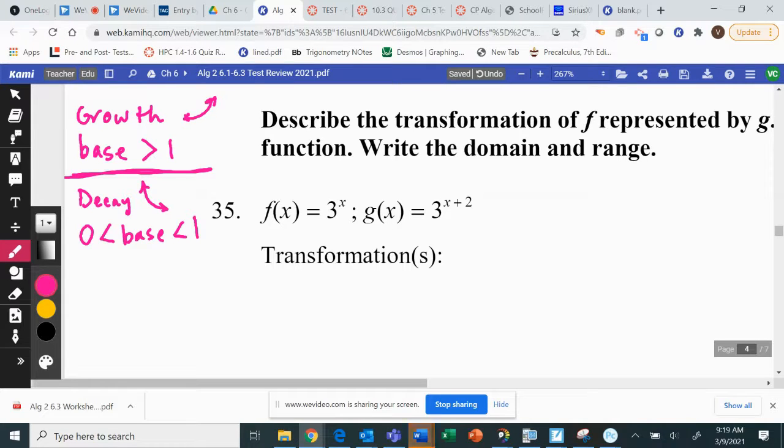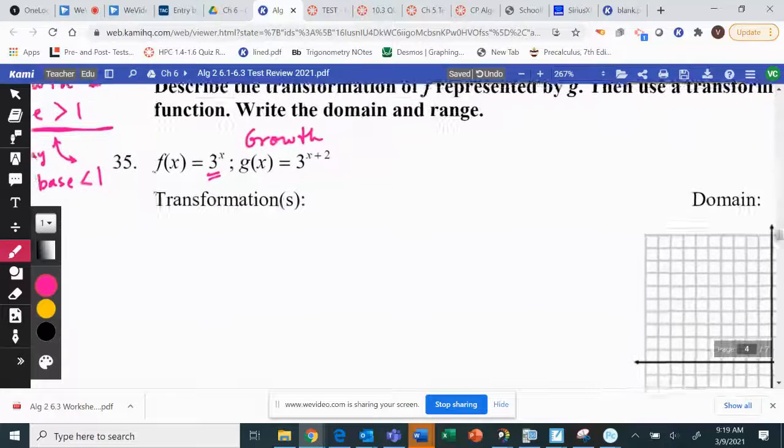So I'm going to look at this one, and my base is 3. So I know that this is going to be a growth. Okay? You didn't have to answer that for number 35, but there's another question where it does ask you to answer it. So just thought I would go over that here.